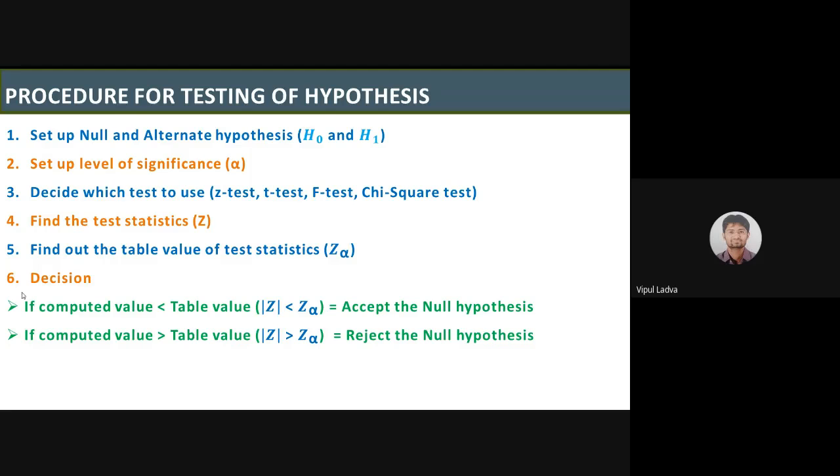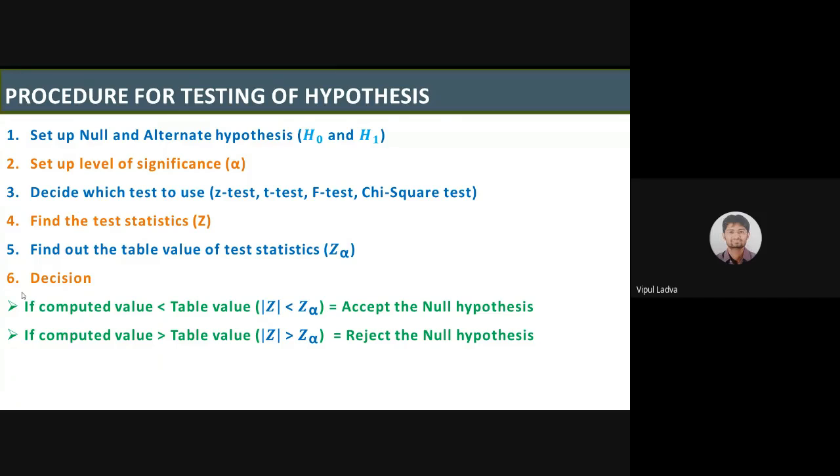But in the Z test, we will have 5 different tests: a single sample test for proportion, difference of proportion test for 2 samples, a single mean for the Z test, difference of mean test, and then difference of standard deviation test. These are the 5 different tests applicable for large samples, and based on the data we have, we need to decide our test.